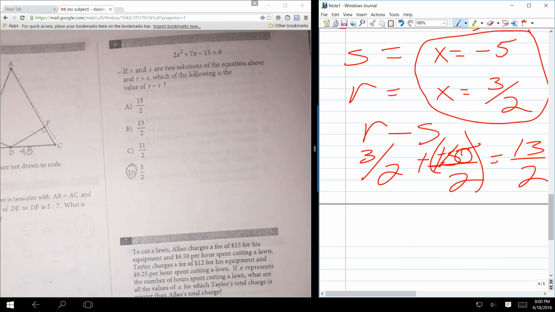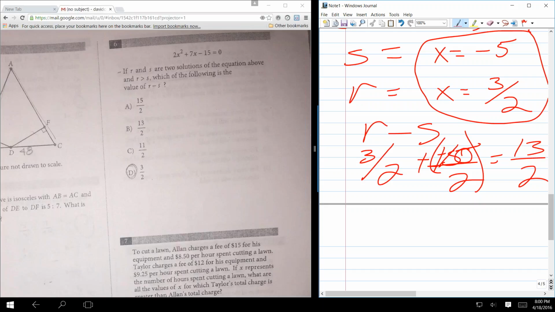Which is another example of where I thought I did it correctly, but I came up with an answer that wasn't in the list. I must have made a mistake. So it's nice that they didn't put the wrong answer in there, because I would have chosen it. And that's kind of the way these tests are designed. If you make a common mistake, which I made, it doesn't put that answer on there.